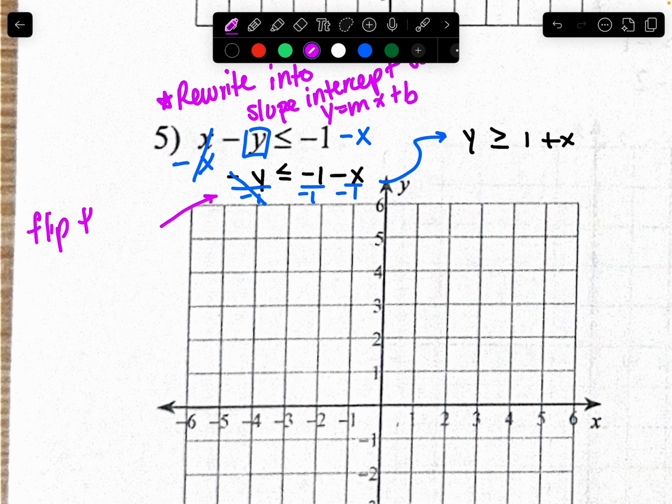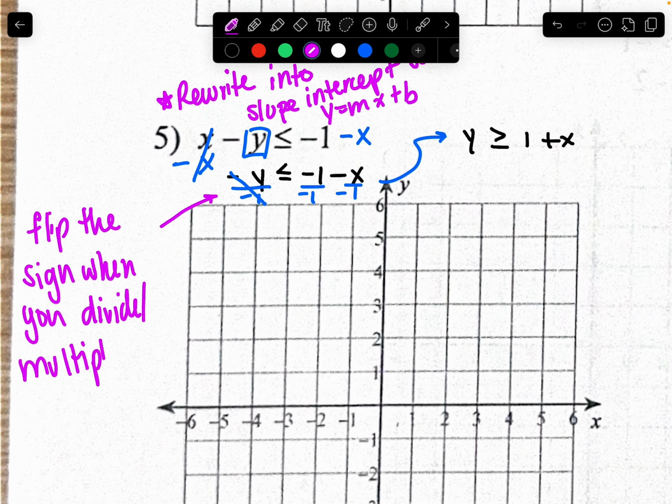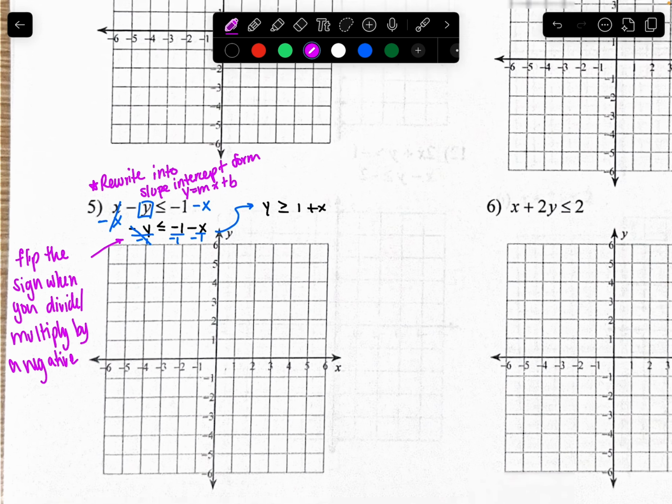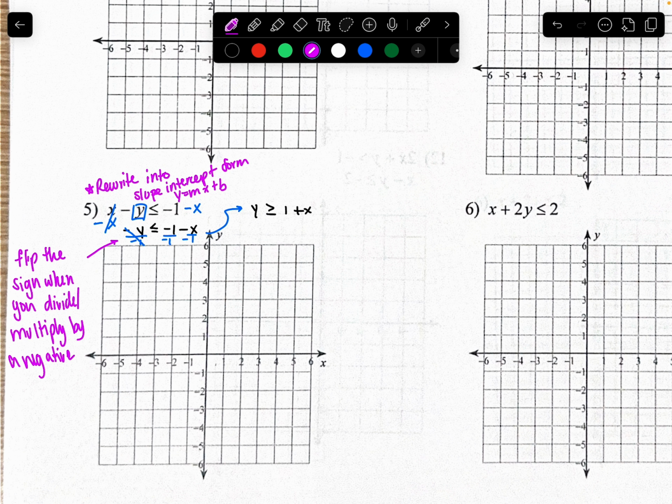Flip the sign when you divide or multiply by a negative. Okay? So now we have a solid line. Solid. It's gonna be eating my y, so I'm gonna be shading up.